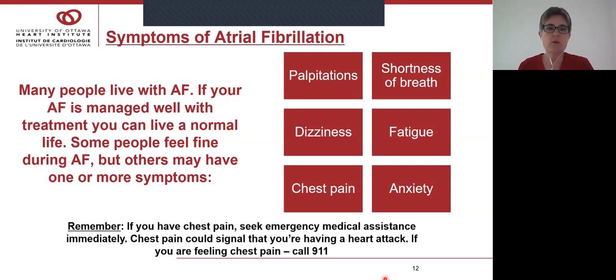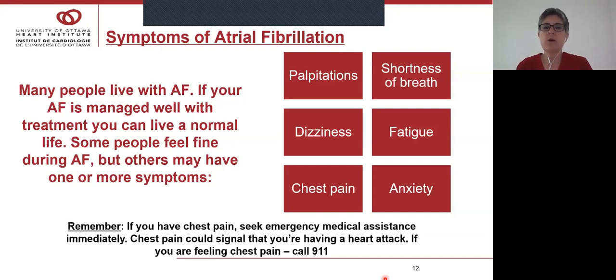They had no idea they were in atrial fibrillation. Then on the other extreme end, we have the person who knows the minute they go into atrial fibrillation: the heart may be racing, they may feel short of breath, dizzy, and feel unwell. And then many people fall somewhere in between.